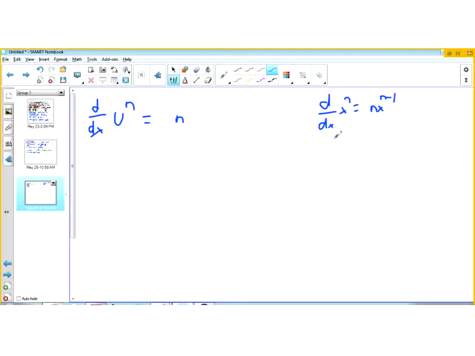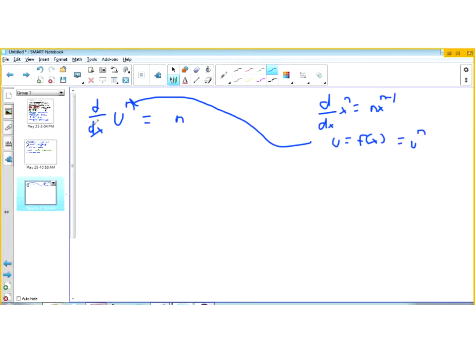Now, if u is some function of x, suppose we let u equal some function of x, and suppose our function is equal to u to the n.